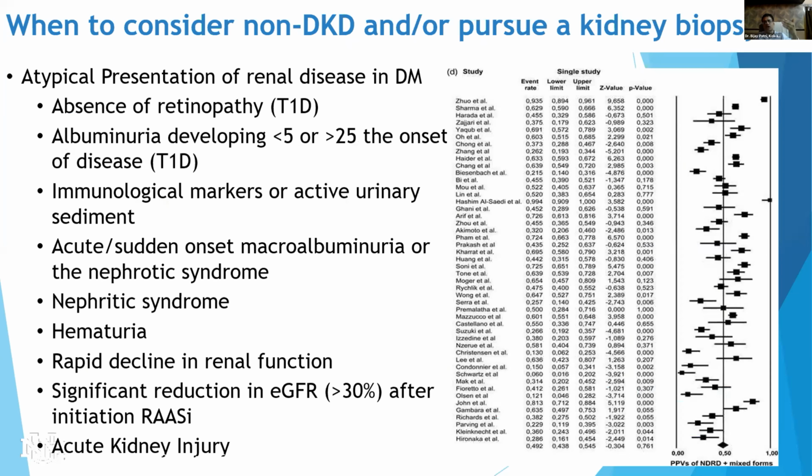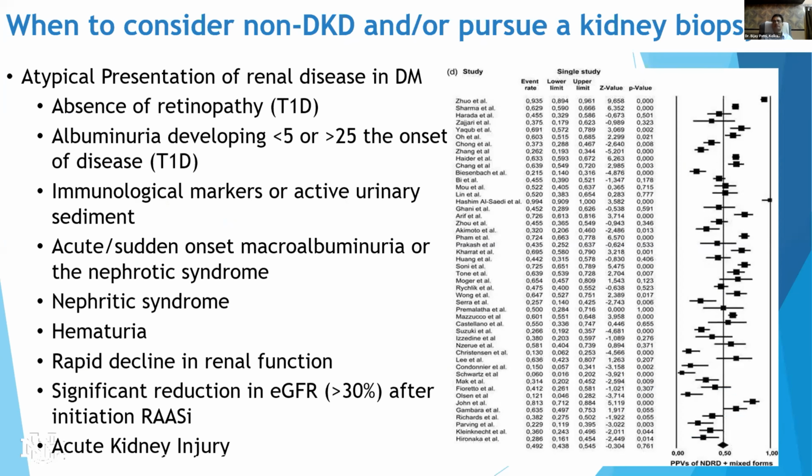These are the various important factors which will determine that an atypical presentation could be the reason where you have to plan for a kidney biopsy. Whether it's the absence of retinopathy, it's no more a universal truth that the presence of retinopathy is necessary for a patient to have DKD.